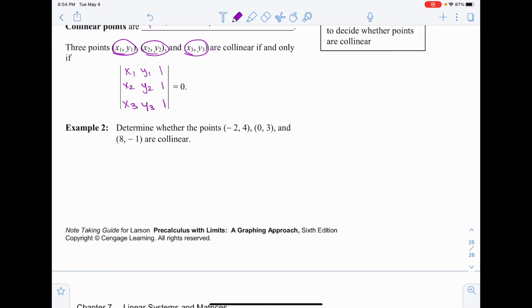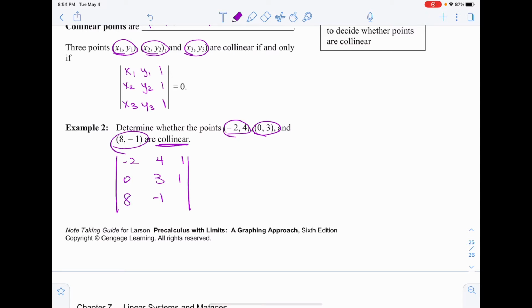So if we're going to determine if these are collinear, first we're going to set up our 3 by 3 matrix. So we go -2, 4, 1, 0, 3, 1, and 8, -1, 1. We're going to find the determinant of that. You're going to use your calculator, where A is your matrix, so you're going to find the determinant of A. And the determinant of A, we do see that is 0.